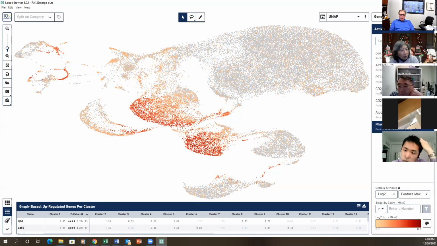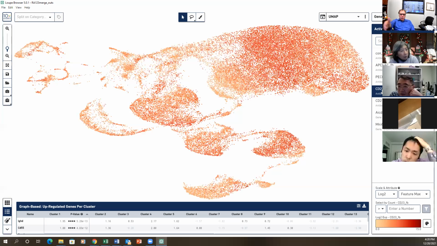But if all are reduced, can you try something like the IL-17 receptor? They're all positive for the gene IL-17 receptor.